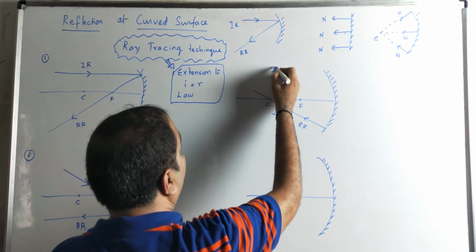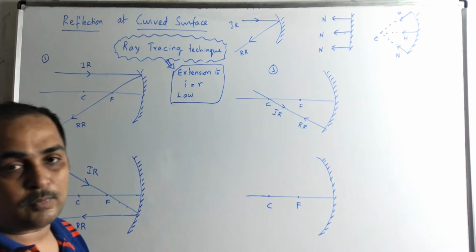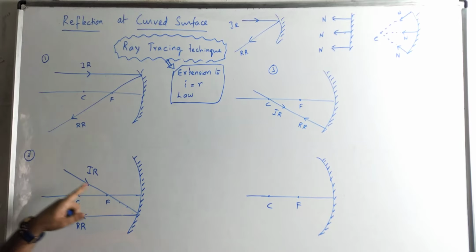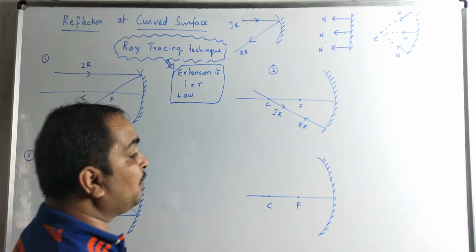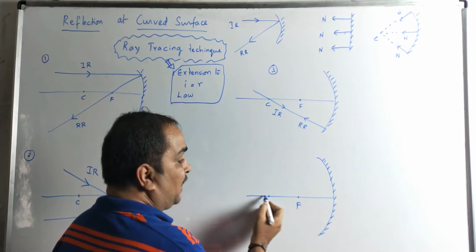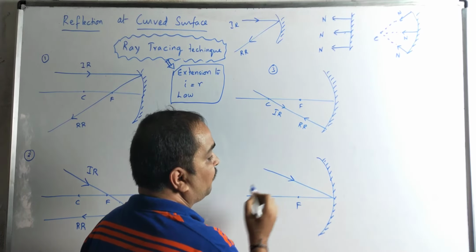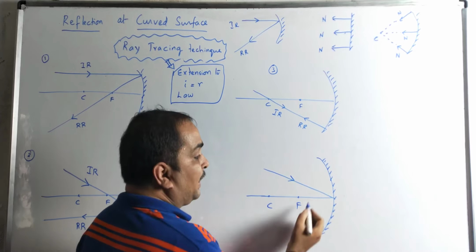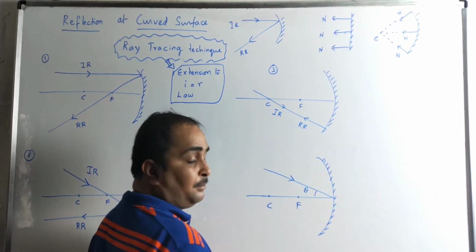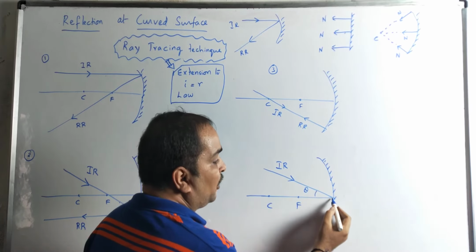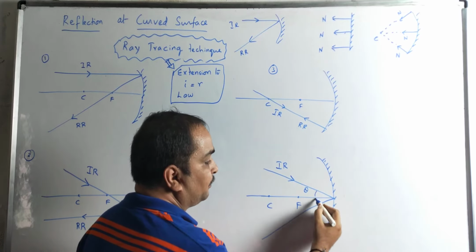Number 3. 1 is this, 2 is this, 3 is this. One more, this is already passing through center of curvature. So if you incident a ray that makes an angle theta with the principal axis, as already this is normal, you will get angle of reflection also to be theta.